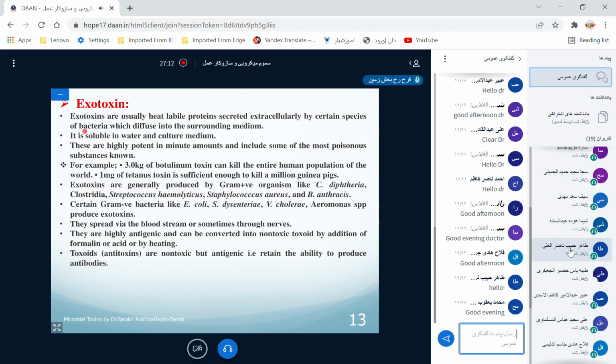If they are in a liquid medium, or in a solid medium, or inside our body, they can produce their exotoxins. And these exotoxins are one of the virulence factors of the pathogen. It is one part of the power of a pathogen which can produce exotoxin.